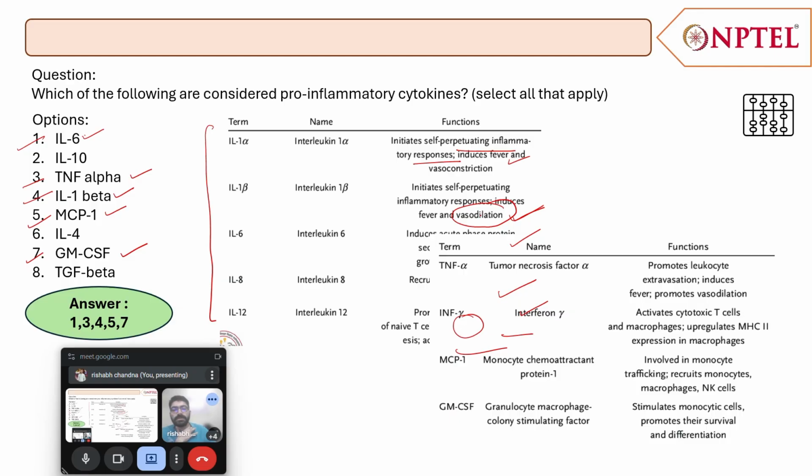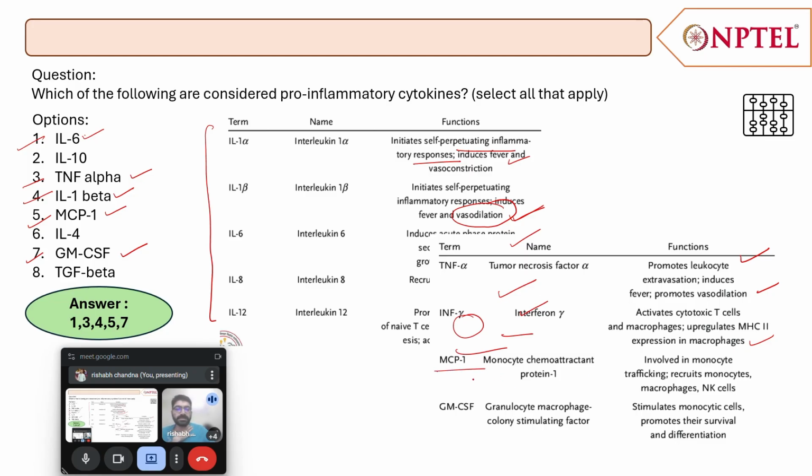Then we have TNF alpha, tumor necrosis factor alpha, that promotes leukocyte extravasation, induces fever, and promotes vasodilation. IFN gamma activates cytotoxic T cells and macrophages, and upregulates MHC2 expression in macrophages.